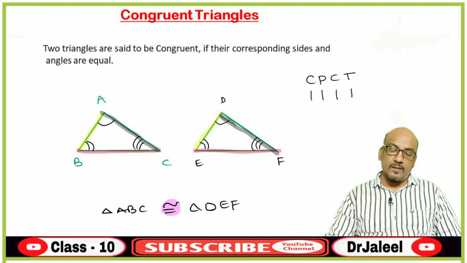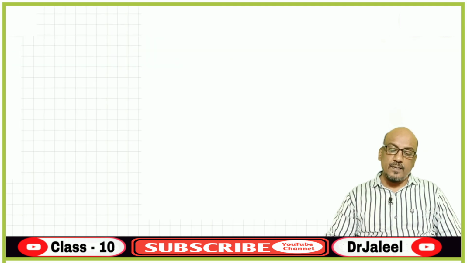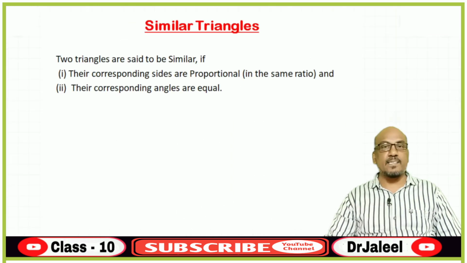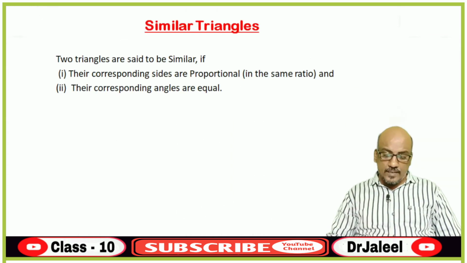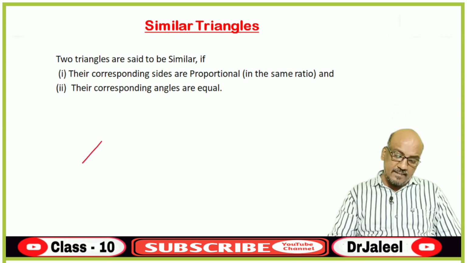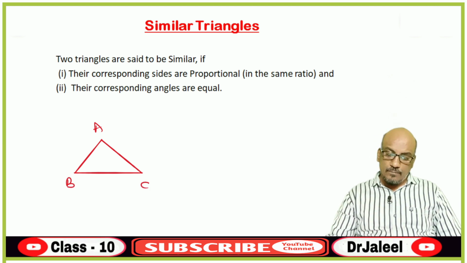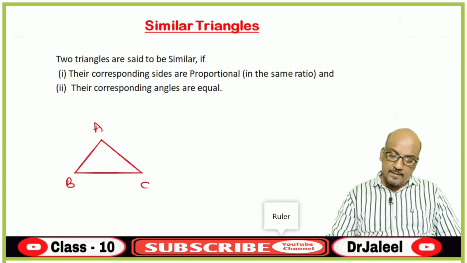Let us go for the next topic, understanding similarity, similar triangles. So children, here again I will take a triangle. Let me take A, B, C. Now I will copy this triangle again.